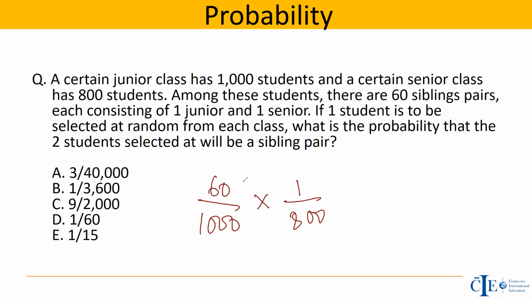And he's going to have only one brother in the senior section, not 60 brothers. So therefore 60 on 1000 into 60 on 800 would be wrong. It is 60 on 1000 into 1 on 800: selecting a junior who has a brother and then selecting his brother. So it's only one brother, so 1 on 800. Is that clear? Okay, so that's why. So 8.